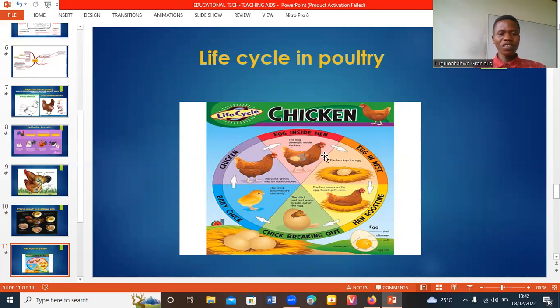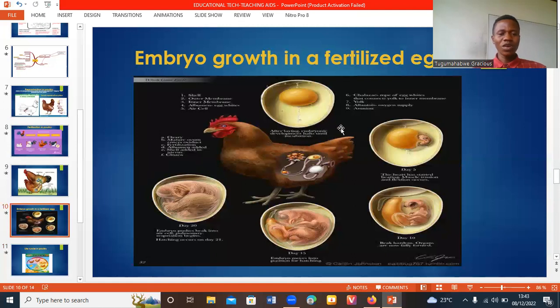It also shows that when the egg is laid, a hen goes to the nest, and after laying it, it sits there to provide warmth, and everything that is required for the embryo to grow or to change into the chicken.